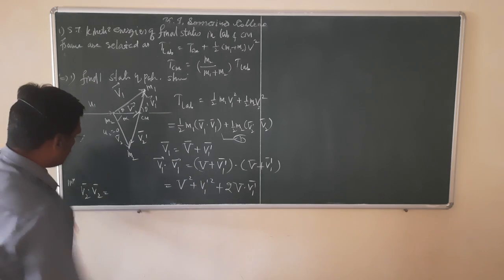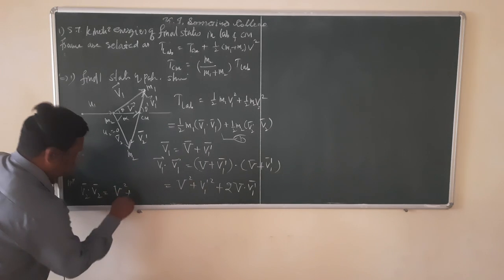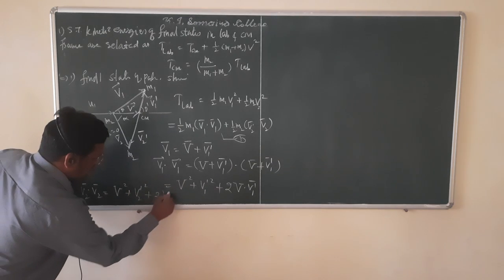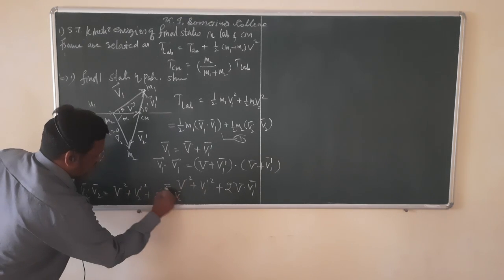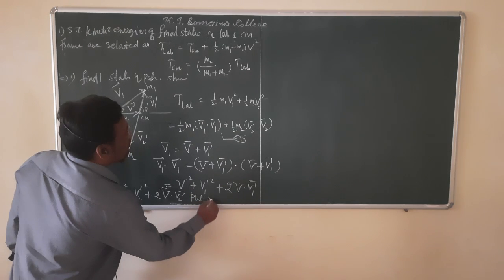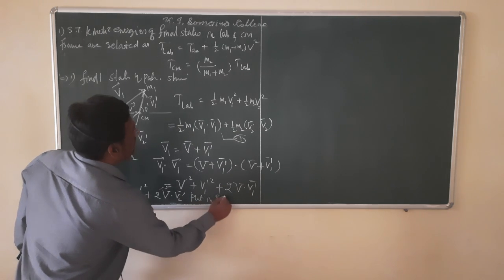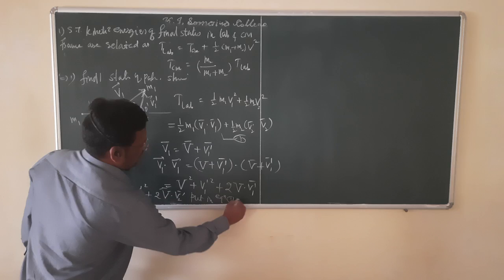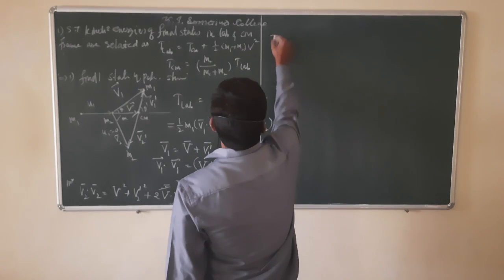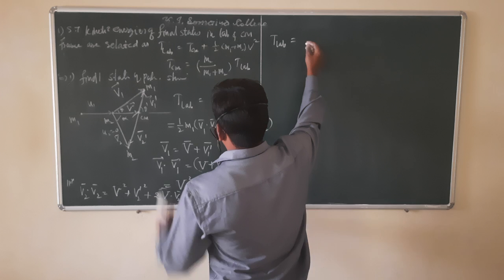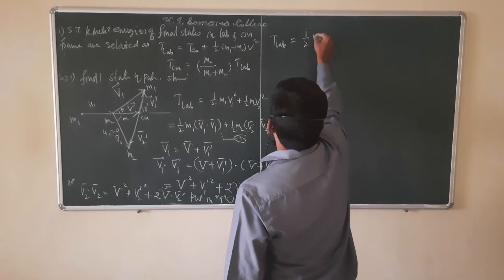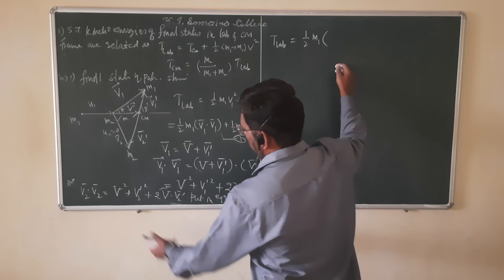If you solve this, you will get V square plus V2 dash square plus 2 times vector V dotted with V2 dash. Now put this in equation 1.